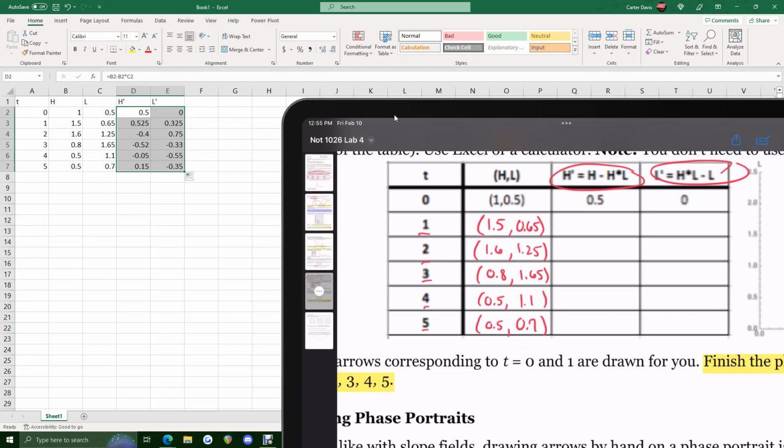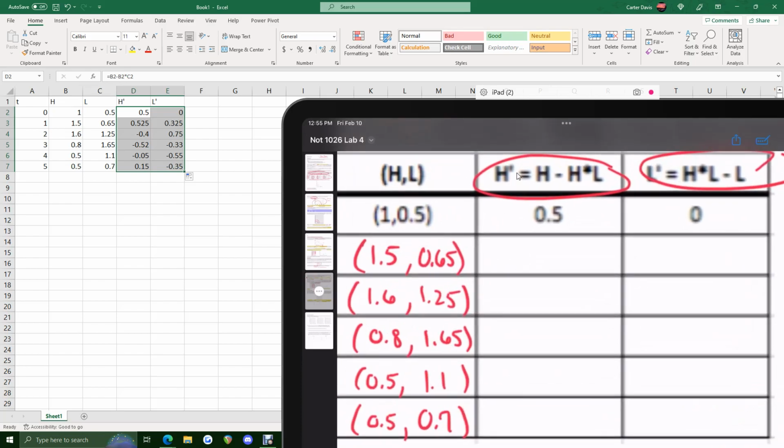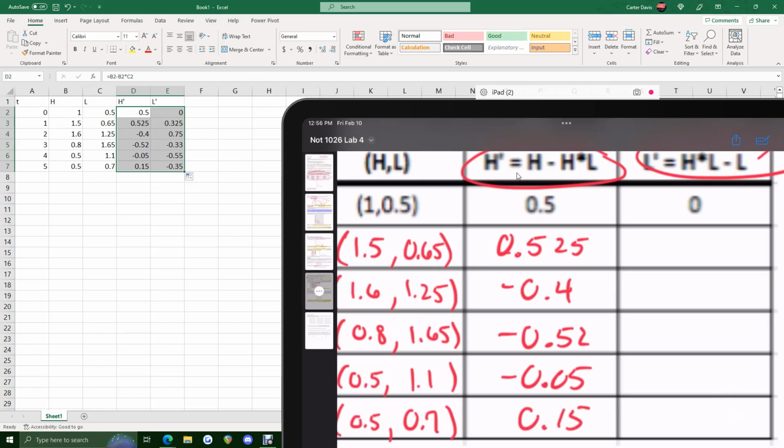It looks a little crazy, but let's talk about how we can actually use these values. I'm going to write out all of these as best I can. Just the first column: 0.525, negative 0.4, negative 0.52, negative 0.05, and 0.15.